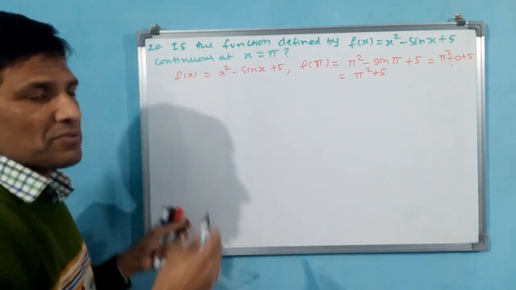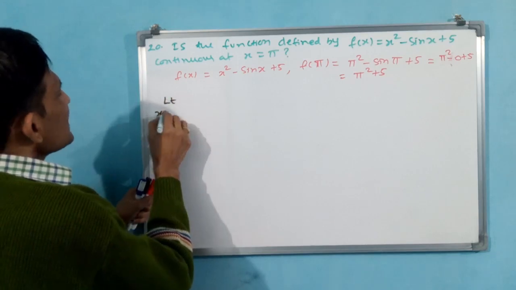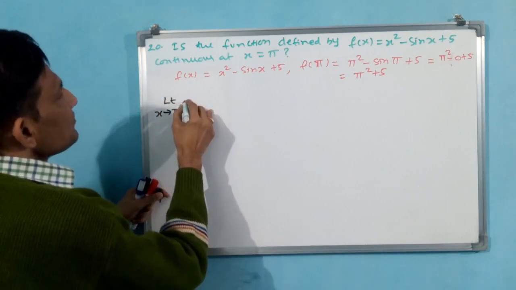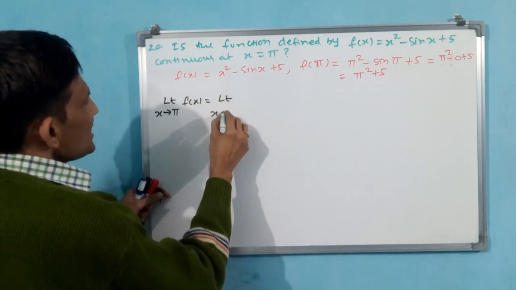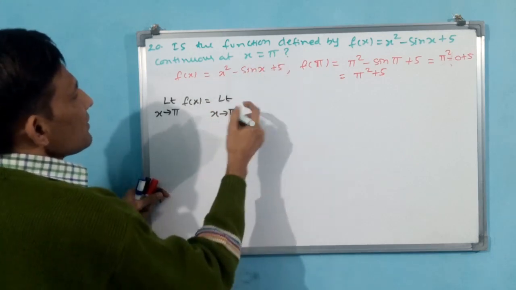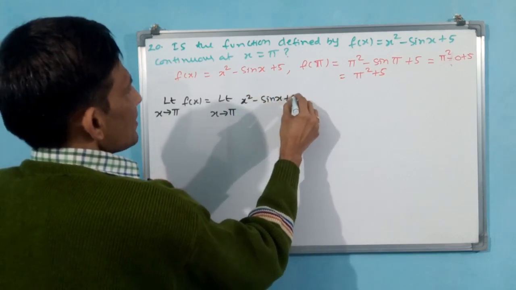Sometimes you have to do these steps also, tricks or steps, whatever it may be. Limit x tends to pi, f of x is equal to limit x tends to pi, x square minus sin x plus 5.